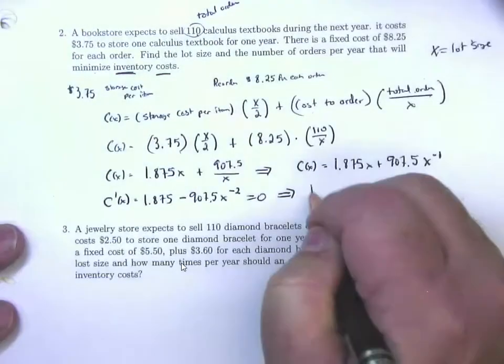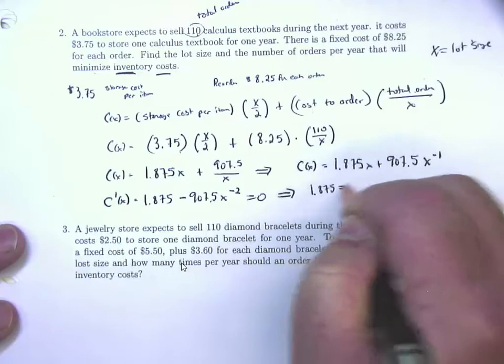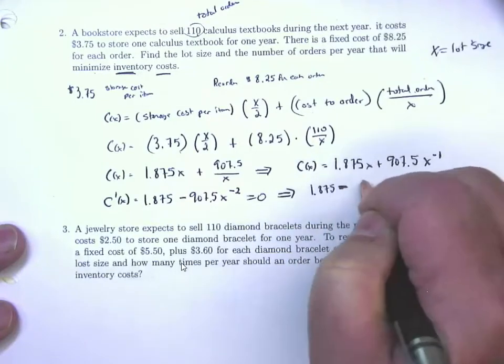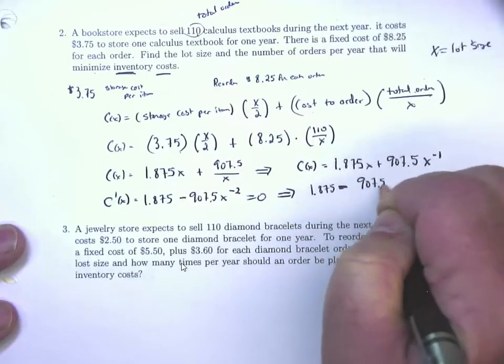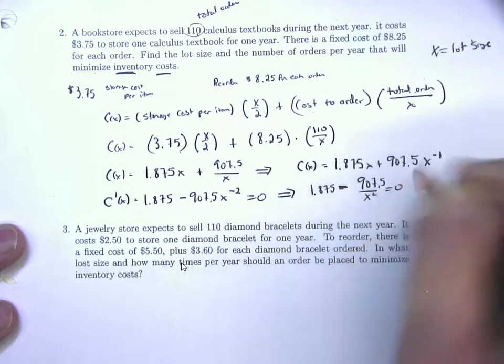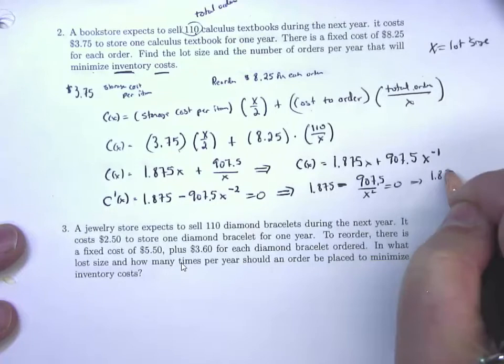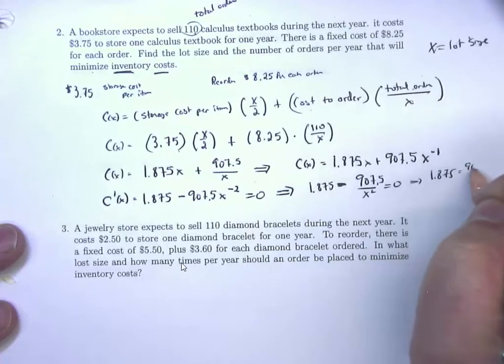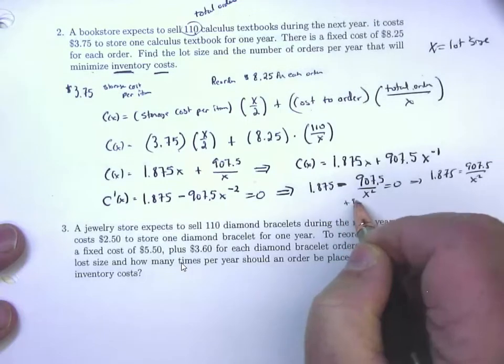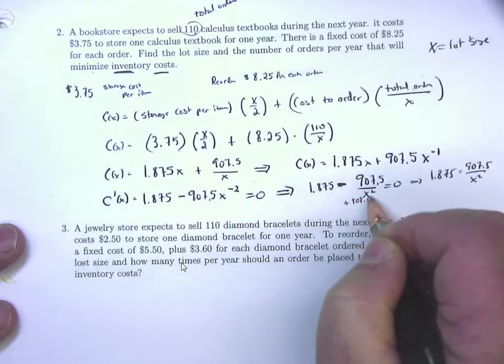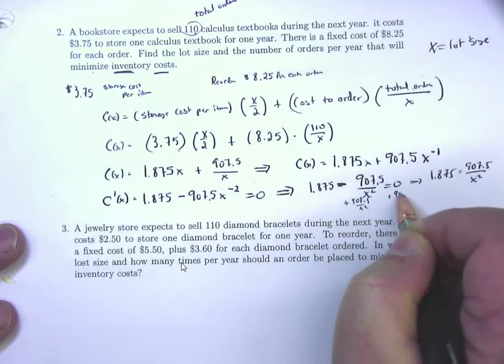So I get 1.875 minus, one step at a time, 907.5 divided by x squared equals 0. I'm going to move this term to the other side, so I get 1.875 is equal to 907.5 over x squared. I added 907.5 over x squared to both sides, just to let you know what I did.